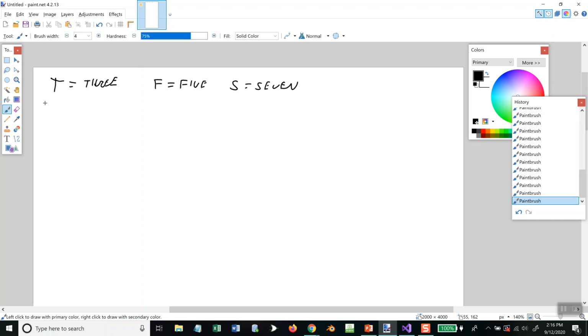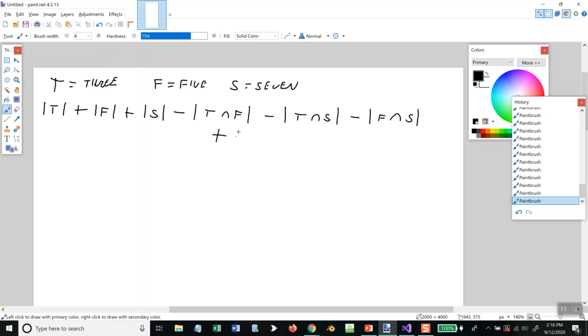Our total number is going to be the cardinality of T, the number of 3s, plus the cardinality of F, the number of 5s, plus the cardinality of S, the number of 7s, minus the cardinality of the intersection of T and F, minus the cardinality of the intersection of T and S, minus the cardinality of F and S, plus the cardinality of T and F and S. Now this goes back to the cardinality of a union with 3 sets, but these are what we're going to find.